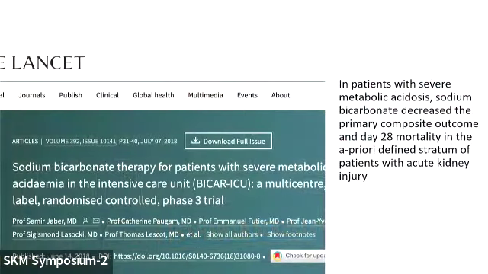In patients with severe metabolic acidosis, especially uremic acidosis, they recommend that we use a bicarbonate-containing fluid. So bicarbonate-containing fluids are much superior compared to balanced crystalloid and normal saline in renal injury.